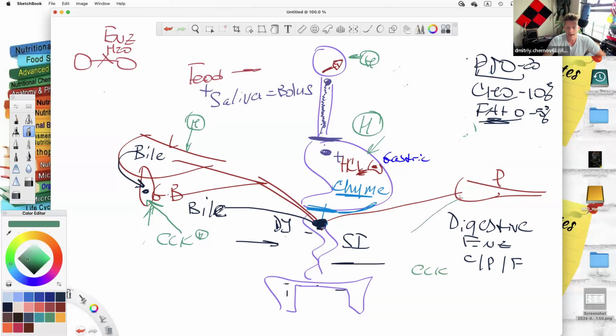CCK also acts on the pancreas, and the pancreas in response releases these digestive enzymes, which are released into the small intestine. So now you can finalize digestion of carbohydrates, proteins, and fats. When you digest them, you can absorb them.